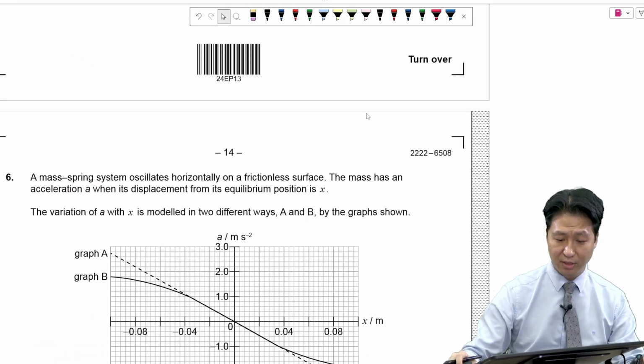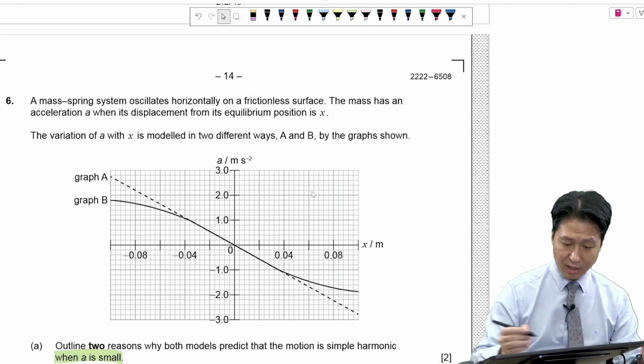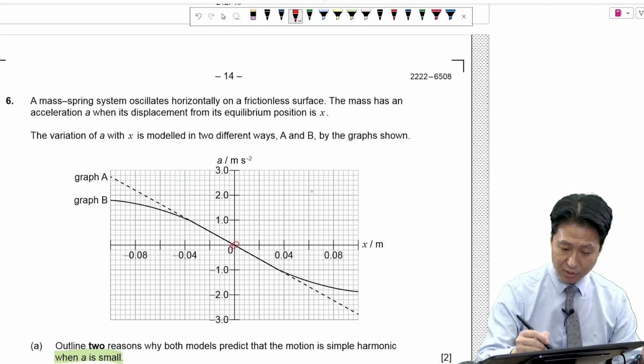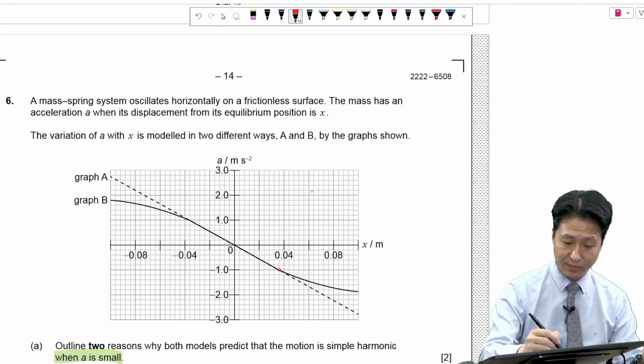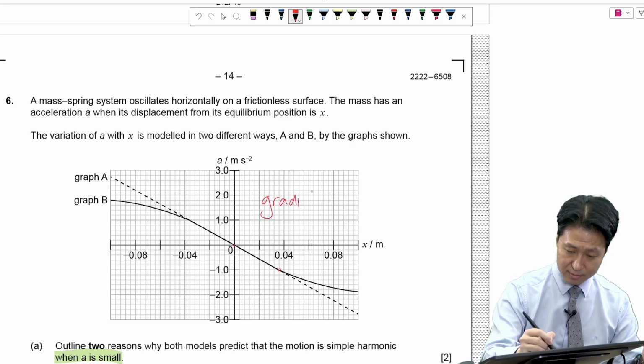So let's go back up to the diagram, and we have to put 2 points that will help us find this slope. So the gradient or slope, and let's say use this point here.